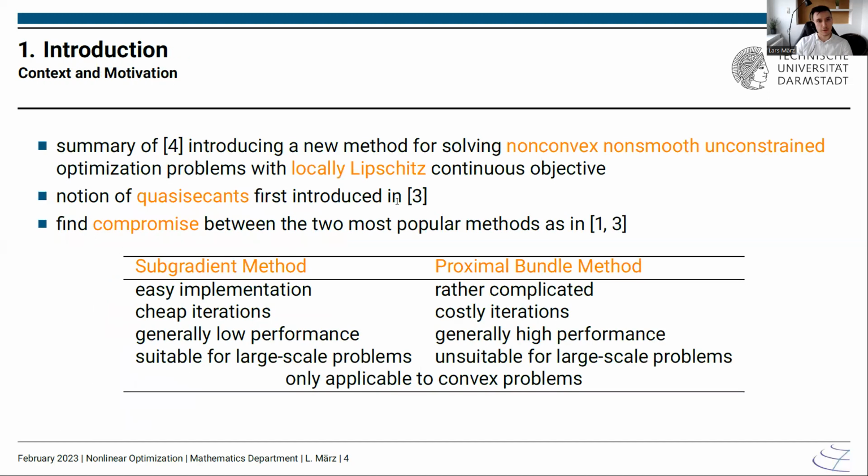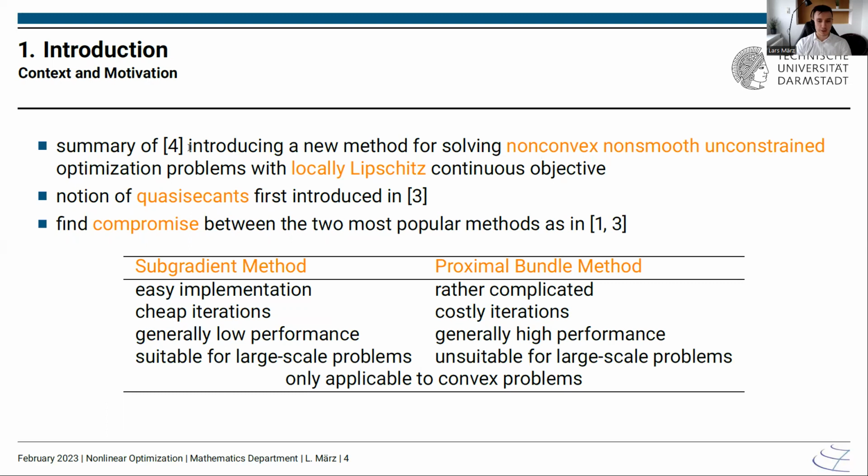So let's get started. This presentation is, roughly speaking, a summary of paper 4, which introduced a new method for solving non-convex, non-smooth, unconstrained optimization problems with a locally Lipschitz continuous objective.